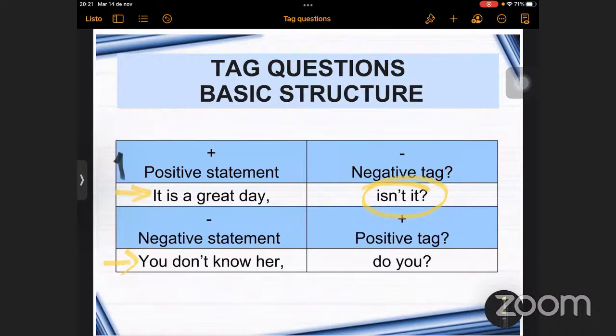Negative. Do you? Like, "Tú no la conoces, ¿verdad? ¿Cierto?" You don't know her. Do you? So can you see, starting with a negative statement, the mini question ends in positive? Can you see that? Yes?